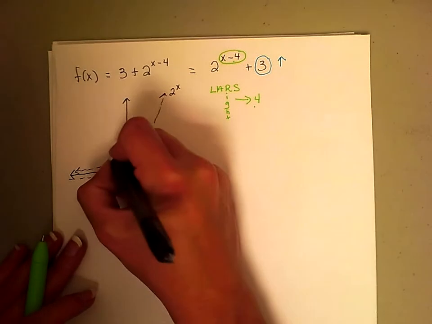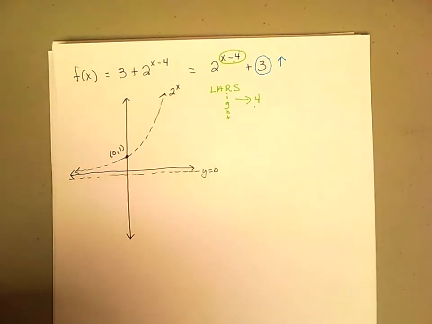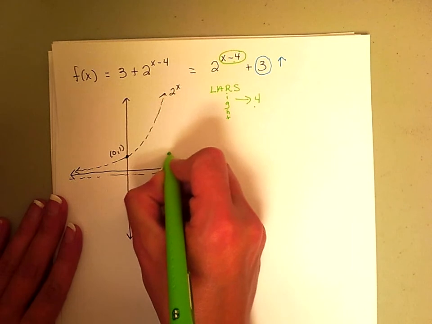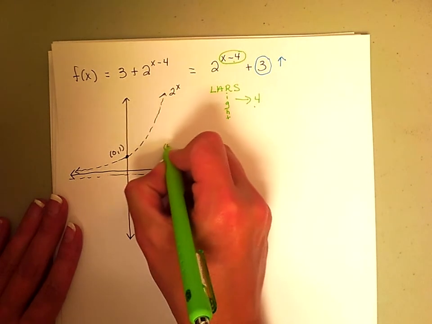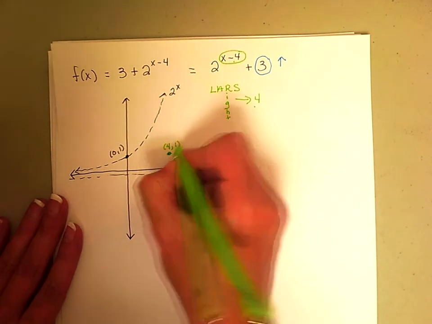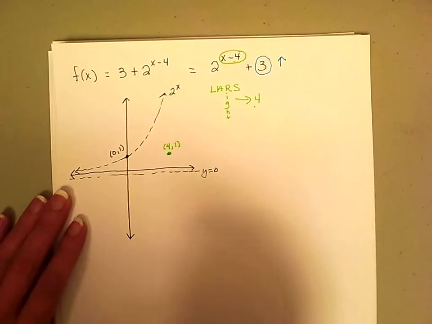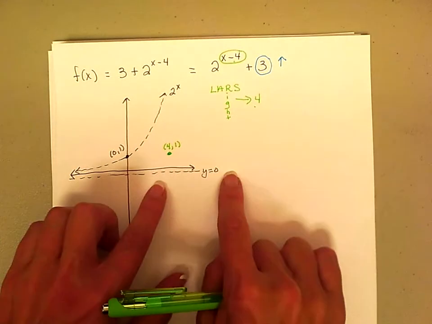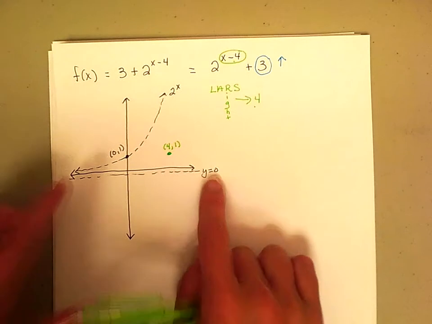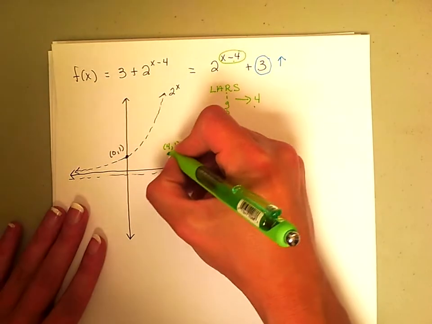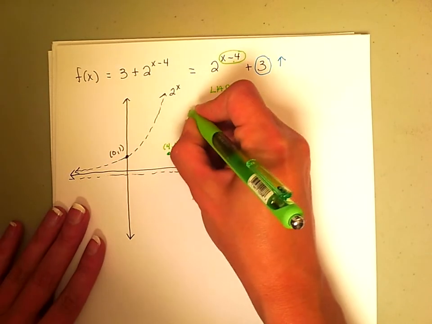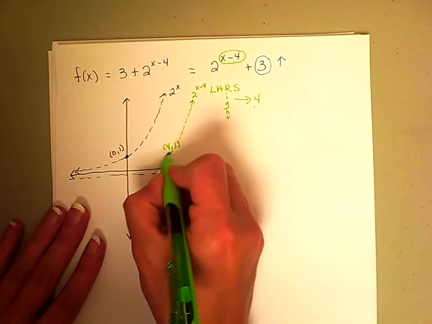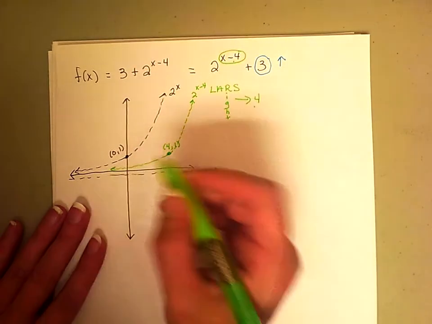So that means instead of having this point (0, 1), if I move everything to the right 4 units, I've moved the x's 4, but I haven't moved anywhere in the y. As well as the horizontal asymptote, everything will move over, but this is an infinite line, so we won't have to worry about it. So if it was just 2 to the x minus 4, it would look like so.